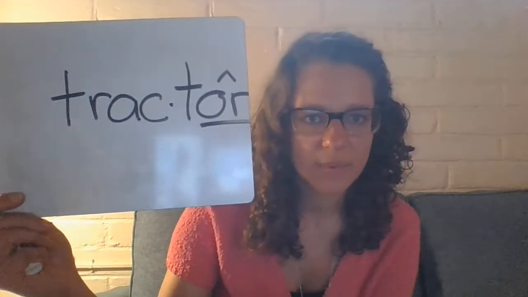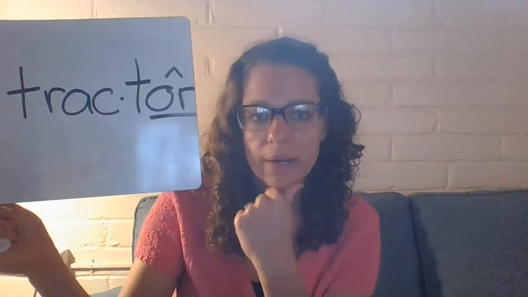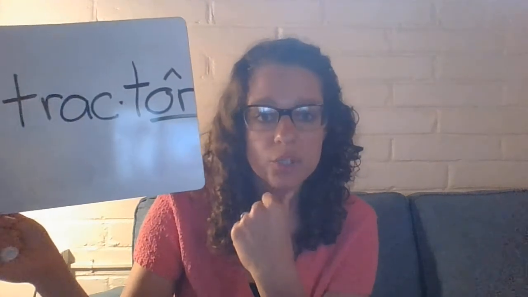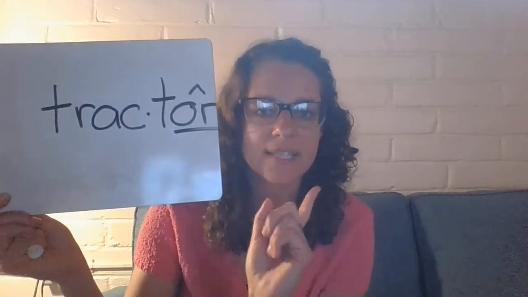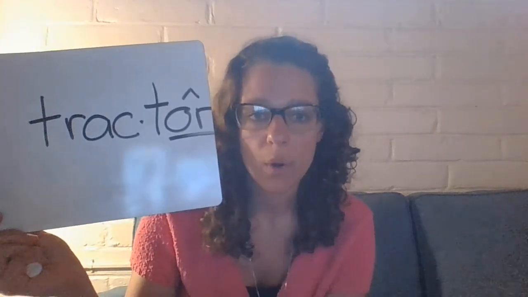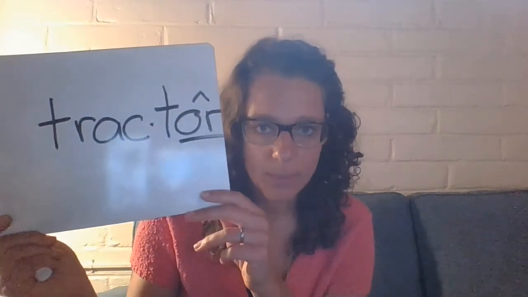Alright, this is what our tractor should look like. Tractor is how we say it to spell it. Remember R and or usually say in an unstressed syllable. Let's say that together. R and or usually say in an unstressed syllable. Good.